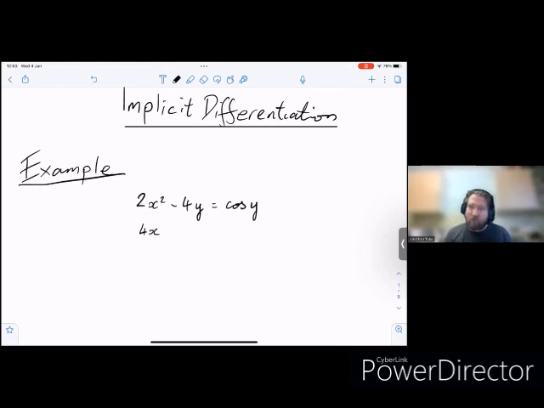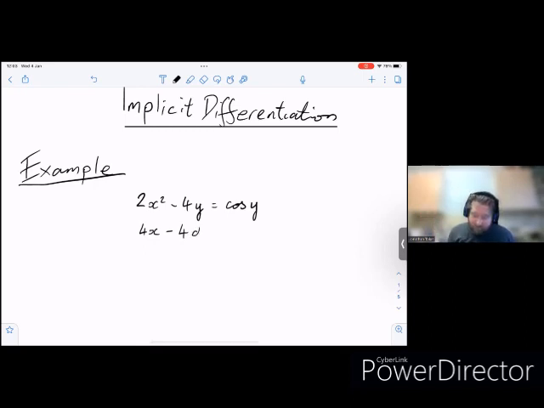a bit like with the chain rule, you first of all just pretend that you're differentiating it with respect to y. So you just treat it as, how do I differentiate 4y? Well, 4y becomes 4. The difference is, with all of these questions, once you've differentiated normally, you've then got to slap on a dy by dx.